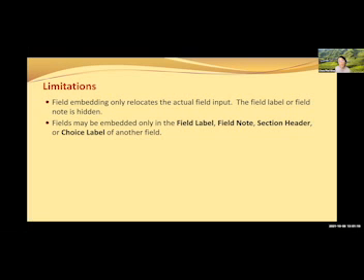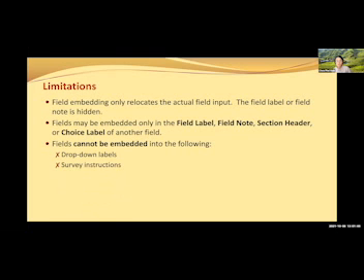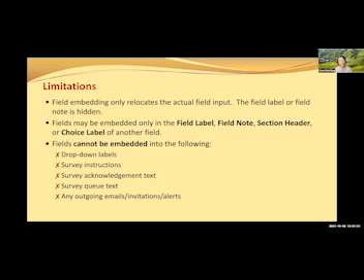However, field embedding has its limitations. It only relocates the actual field input; the field labels or field notes are hidden. A field may be embedded only in the field label, field notes, section header, or choice label of another field. Fields cannot be embedded in drop-down labels, survey instructions, survey acknowledgement text, survey queue text, or any outgoing emails, invitations or alerts.